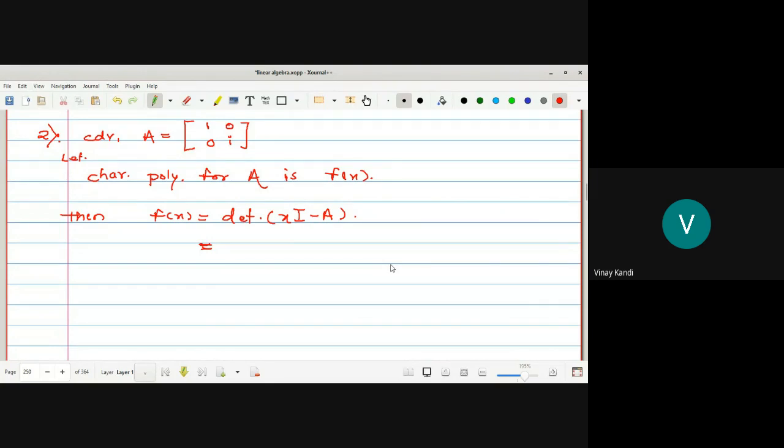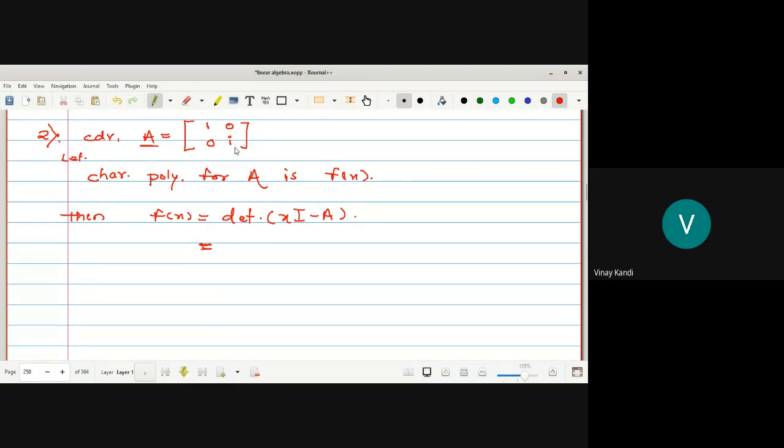But here we get only one complex root, I, and the other root is 1. Why does this happen? Because the matrix A is a complex matrix; its entries are complex numbers. If instead of this I there were any real number, then it would be possible.